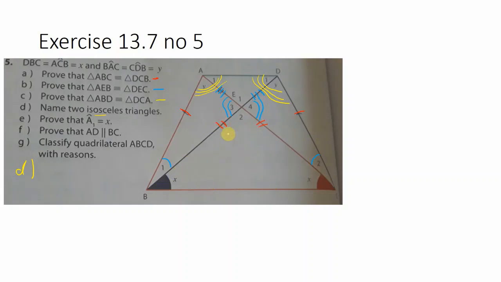So we have triangle BCE, and then here we have 1, 2, 3, 1, 2, 3. This leg and this leg are the same length for triangle ADE.